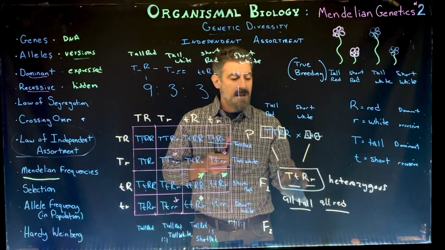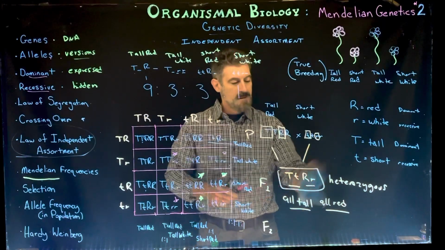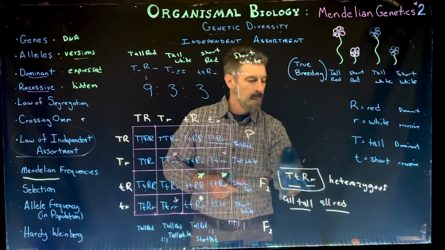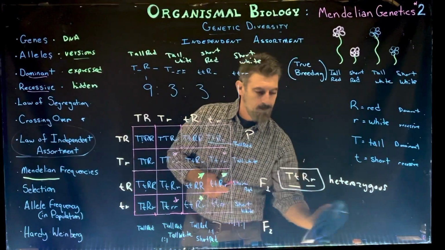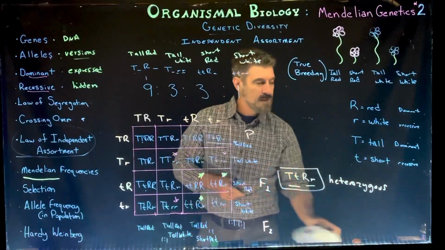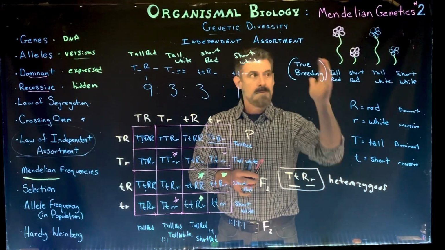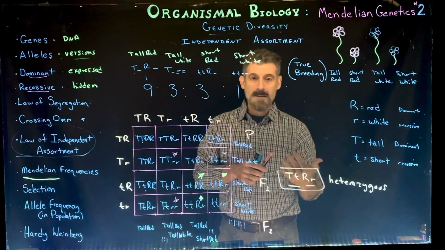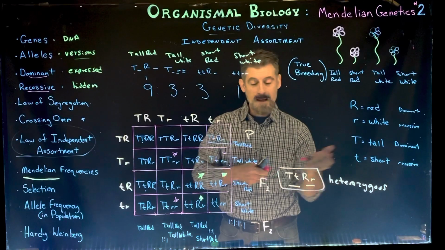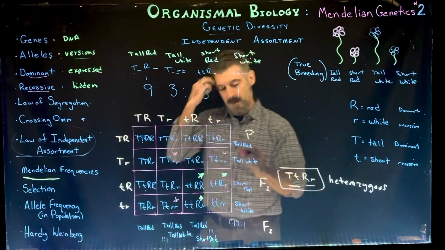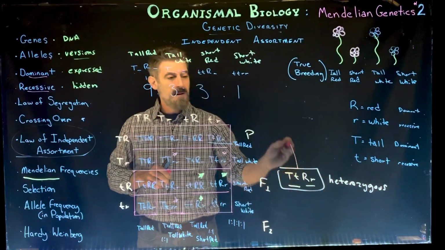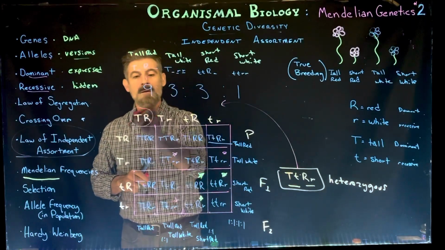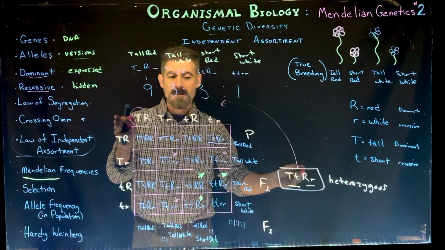What's being said here is that when you get to this heterozygous individual, for these two separate characteristics, height and flower color, they assort independently, meaning that when gametes are formed, this parent here can form gametes that contain both the dominant alleles.